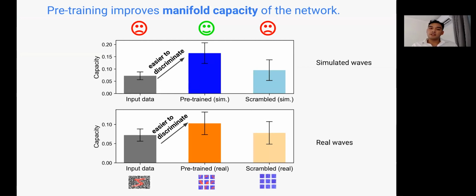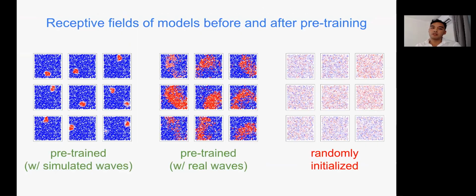My thinking here is that the simulated waves are a lot more localized, if you remember what the receptive fields look like. And it seems to be a lot more tailored for this MNIST task, where these individual points can tell you a lot about what the MNIST data set looks like. These real waves are a lot noisier and resemble curves and edges that you might find in a natural image data set.